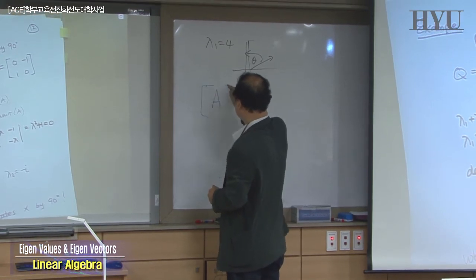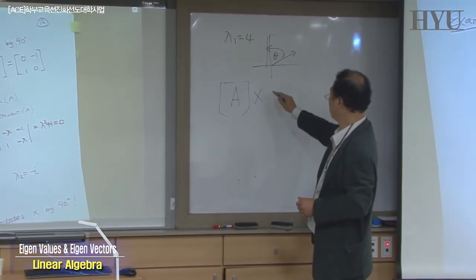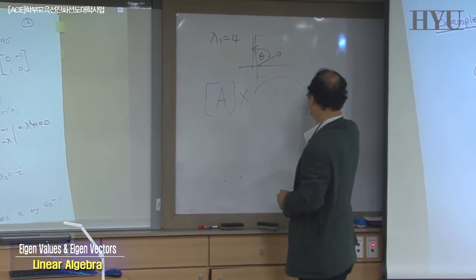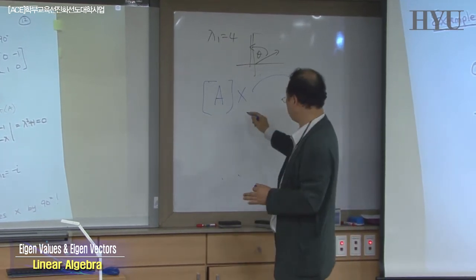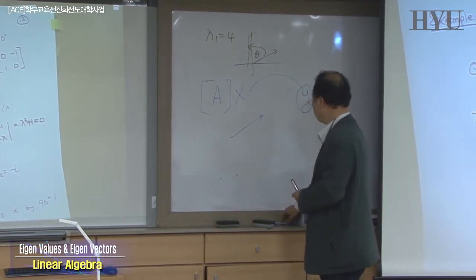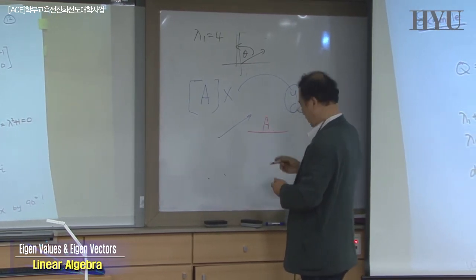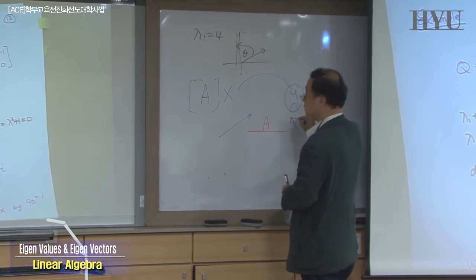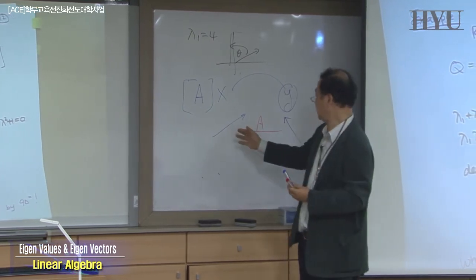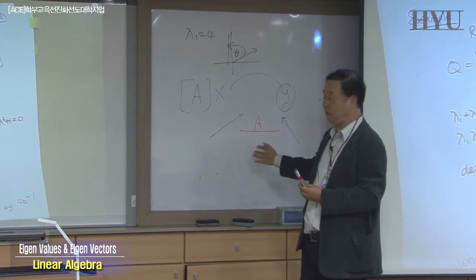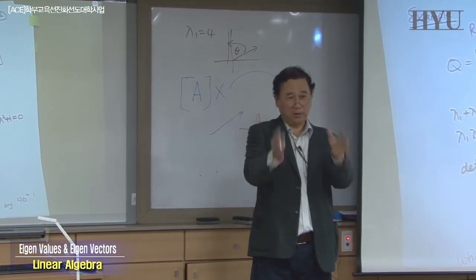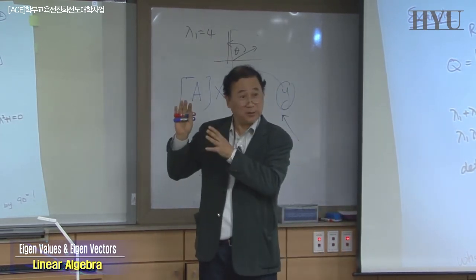A에 X를 곱하면 결과로 Y가 나오잖아요. 이 방향하고 밸류가 달라지잖아요. 이것도 벡터잖아요. 여기다 A를 어플라이 했더니 결과는 이렇게 나올 수 있는 거지요. 인풋 벡터에 매트릭스를 곱했더니 아웃풋 벡터가 나오는 거잖아요.